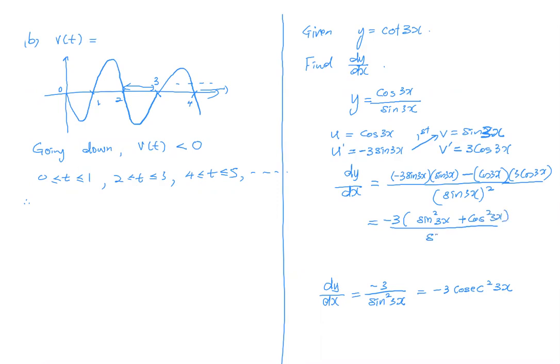Then I have sin 3x, the whole thing square. May I ask Lian, what is the value of sin square 3x plus cos square 3x? 1. Thank you. So we got the answer.